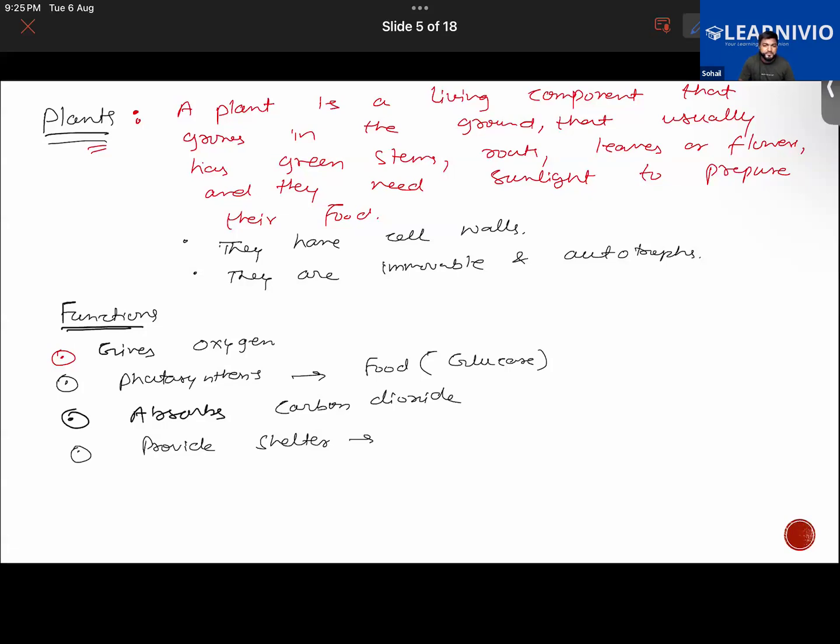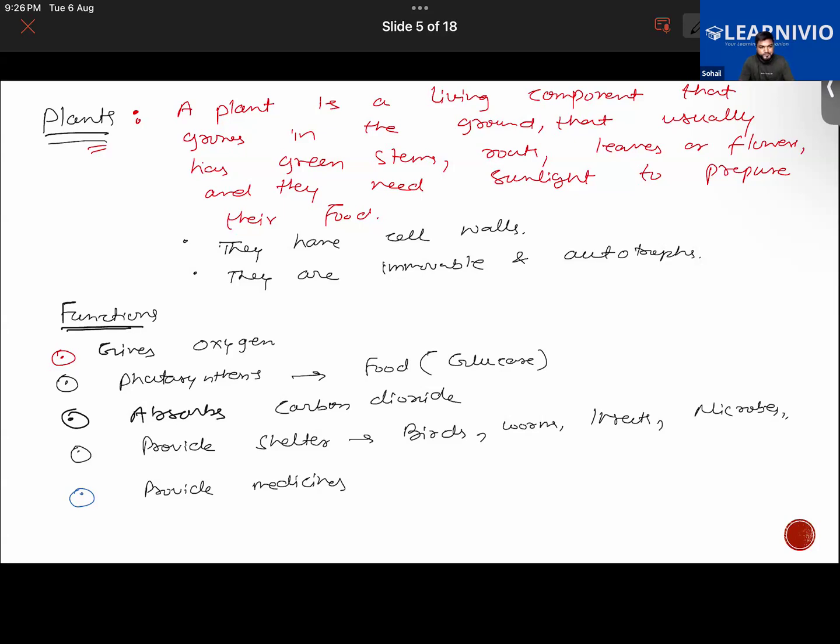Some of them are medicinal plants also, so they provide us with medicines. Very good point. They provide shelter to birds, worms, insects, and microbes as well.